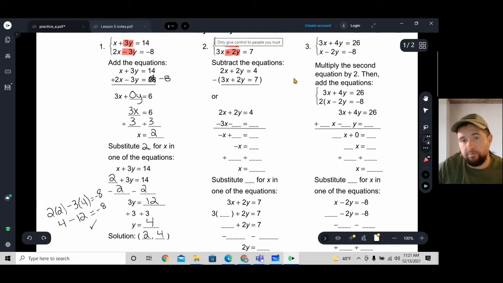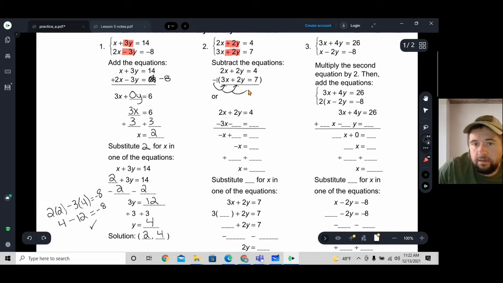Linear equations are proportional relationships. That means what I do to one thing, I can do to the other. So if I take this entire equation, I can multiply it by a number. And I'm going to choose to multiply it by negative 1. Because when I multiply my equation times negative 1, that negative 1 is going to distribute here, here, and here.